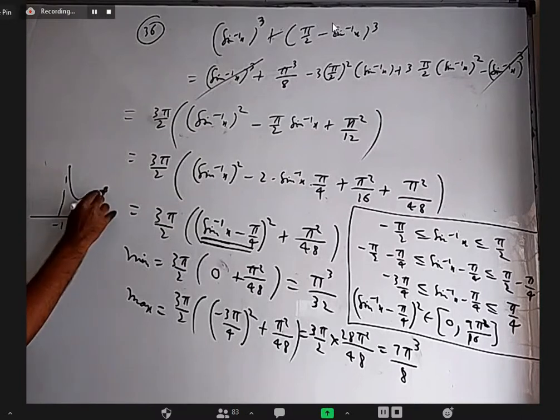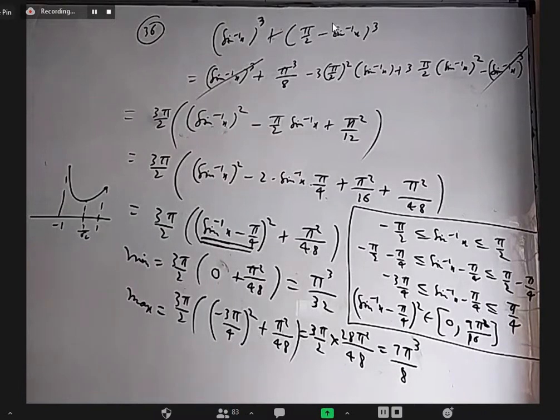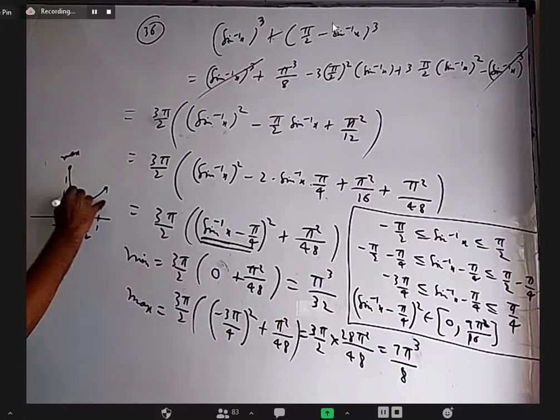This is at minus 1, this is at 1, and this is at 1 by root 2. Okay, so it decreased from some value and again increased. So the final minimum value happened at 1 by root 2 and the maximum value happened at minus 1. This is the maximum and this is the minimum.